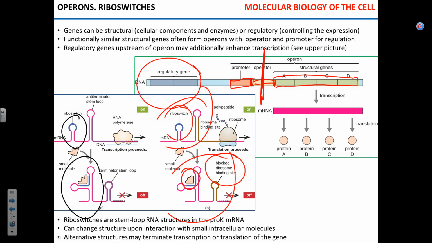And it turns off translation when a small molecule binds to the mRNA sequence here, the riboswitch, and prevents the ribosome from binding. Okay? No chemicals, everything goes smooth. You add chemicals, it shuts down transcription and translation by interaction with mRNA.